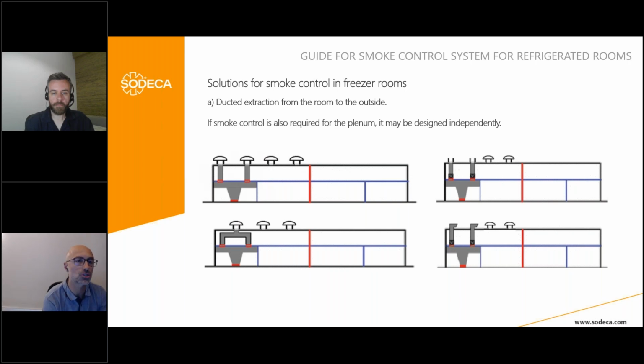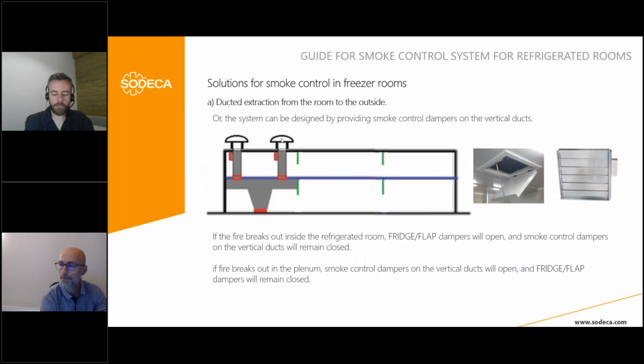If the smoke control is also required for the plenum, this area, like here, it may be designed independently. We can have the smoke control system for the camera and the smoke control system for the plenum. But it can also be solved with only one system.